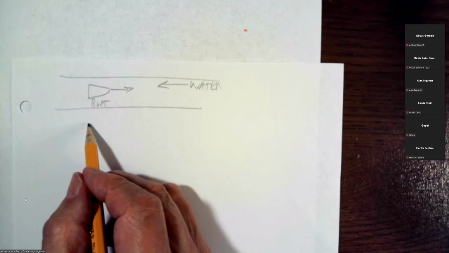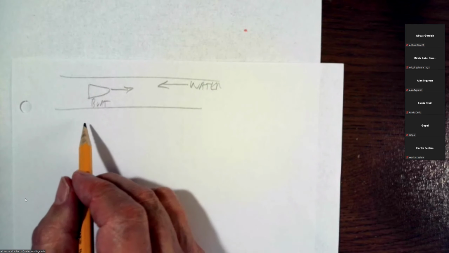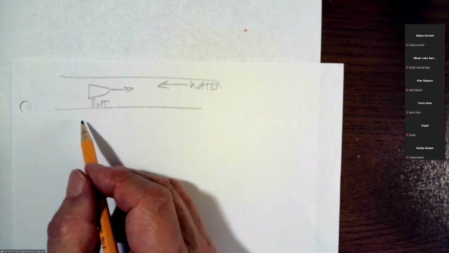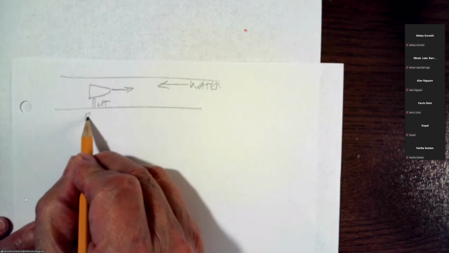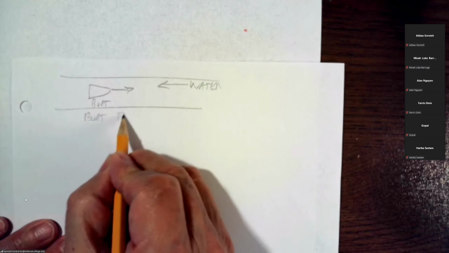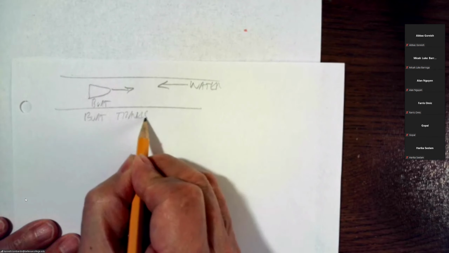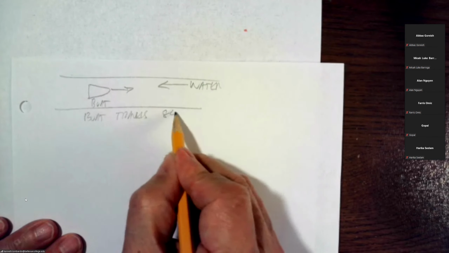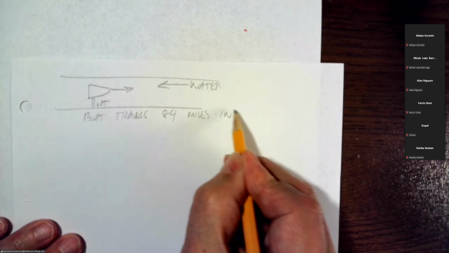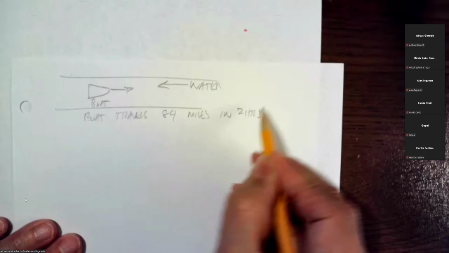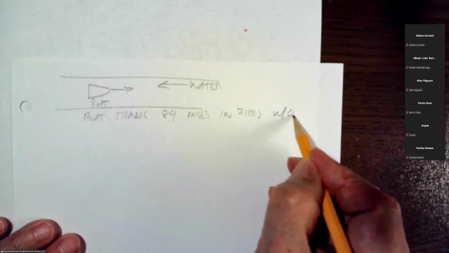And in this problem, we're going to say that this boat travels, let's say, 84 miles in 2 hours with the current.